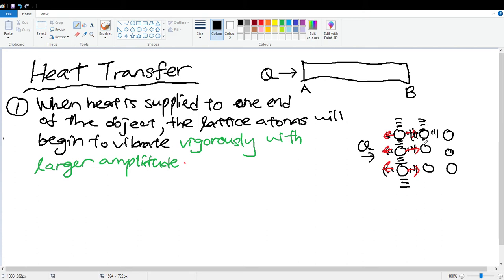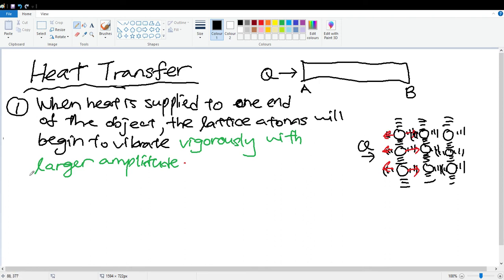So this second column of the lattice atoms will start to vibrate, and the same goes for the third column, which will collide with the following lattice atoms.